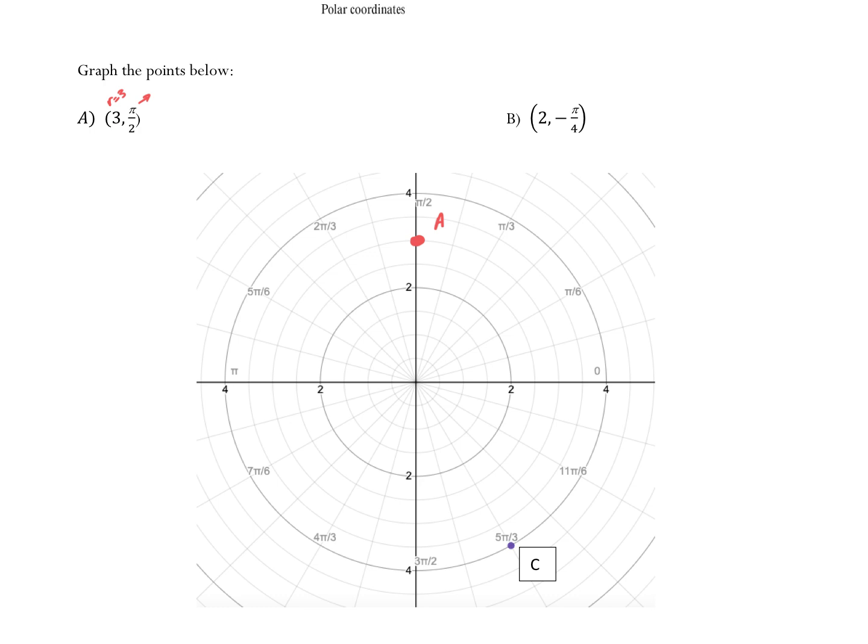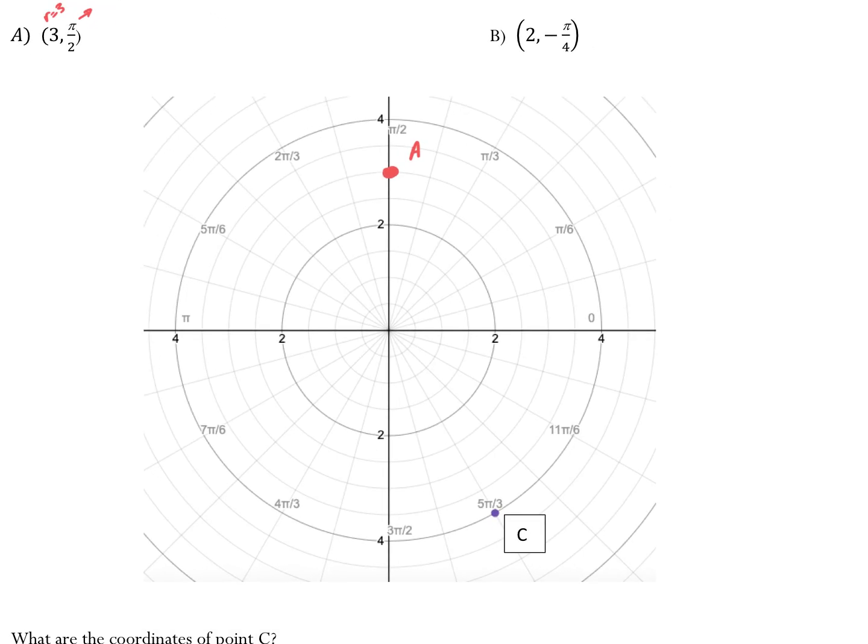You'll see a lot of times with polar graphs, you'll be given these polar graphs with these concentric circles to help you envision where that radius is. So (2, negative pi over 4) would be here. Everybody good?